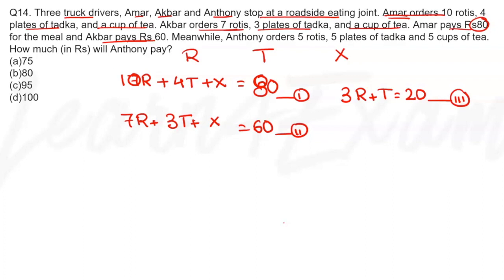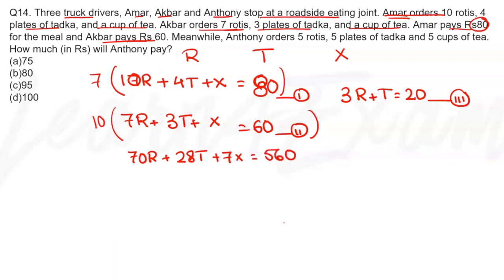Okay. Now, if we multiply the first equation with 7 and the second with 10, what do we get? We get 70R plus 28T plus 7X to be equal to 560, and 70R plus 30T plus 10X to be equal to 600.